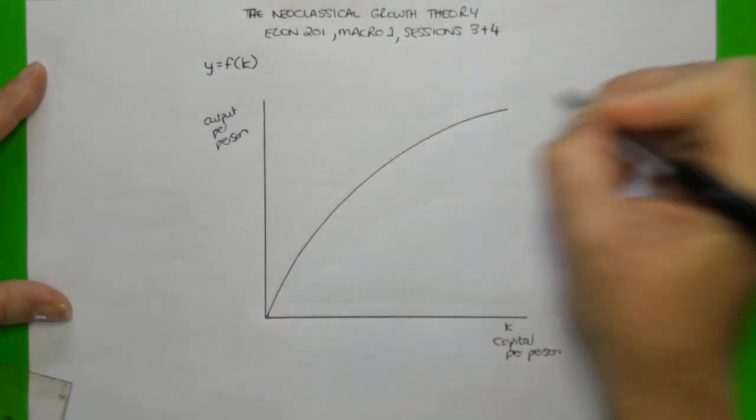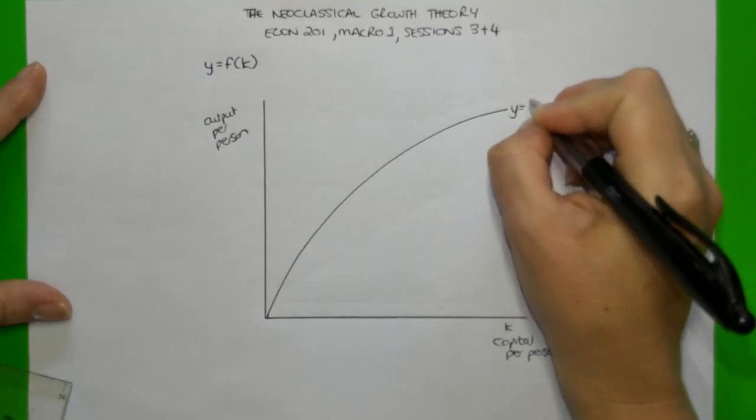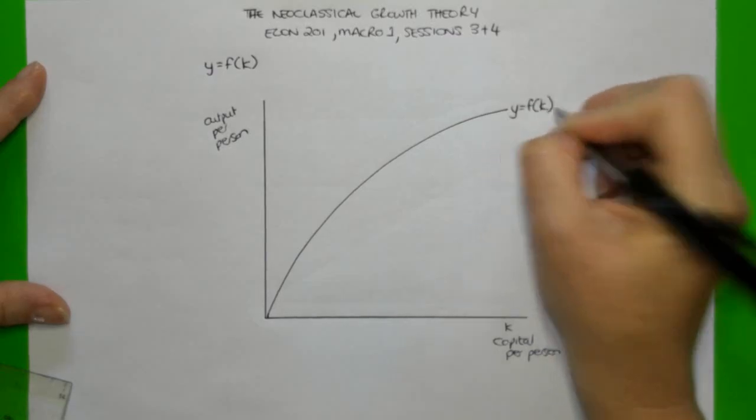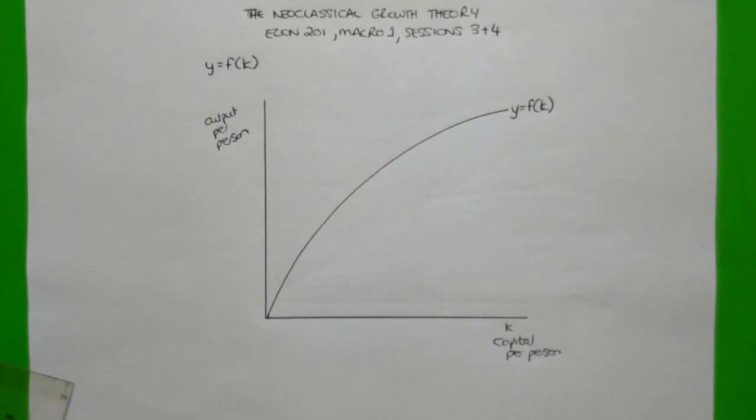So diminishing marginal returns to capital stock means that when capital stock per person increases, output per person increases as well, but at a decreasing rate. In other words, each consecutive equal increase in capital stock per person will cause output per person to increase, but by smaller and smaller amounts each time.